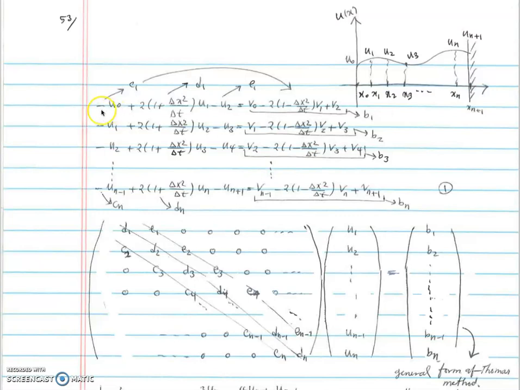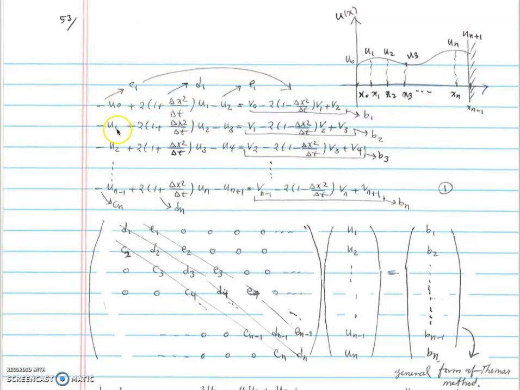The first equation we had was negative u0 plus 2 times 1 plus del x squared over del t times u1 minus u2 is equal to v0 minus 2 times 1 minus del x squared over del t times v1 plus v2. And we saw that if we increment i by 1, you're going to increment all these subindices by 1.